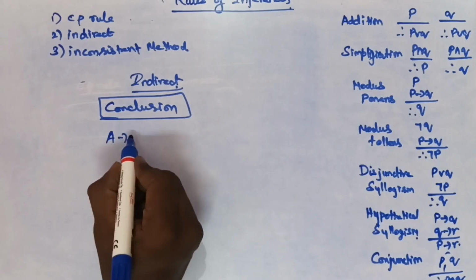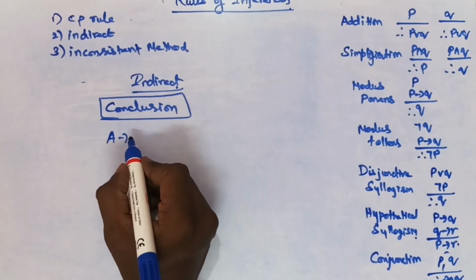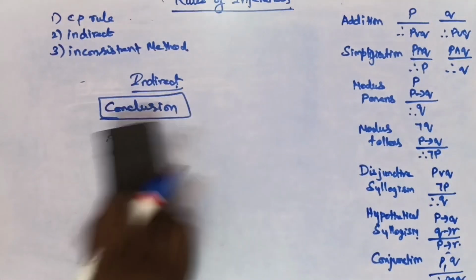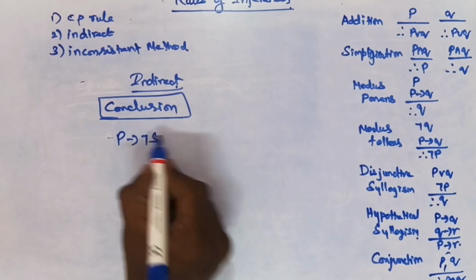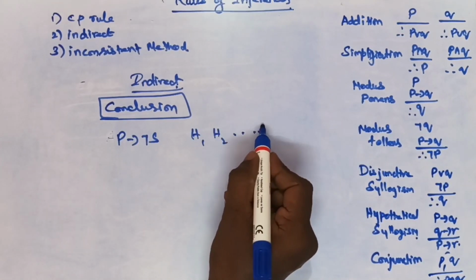For example, in the indirect method, let us consider that finally you have to prove P condition not S, and some premises H1, H2 up to H5 are given to you.